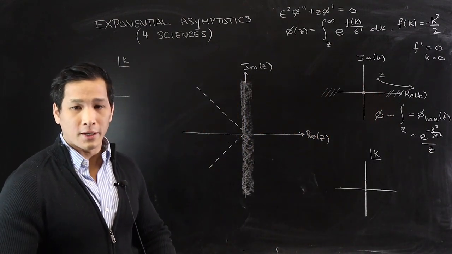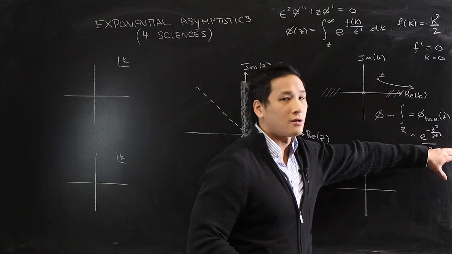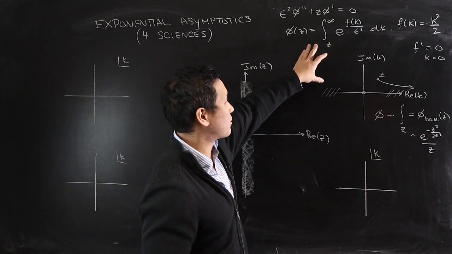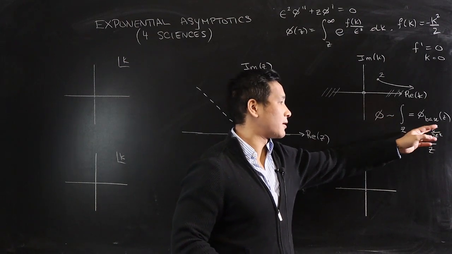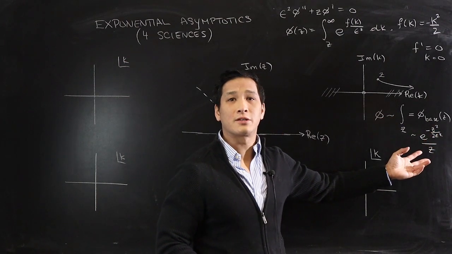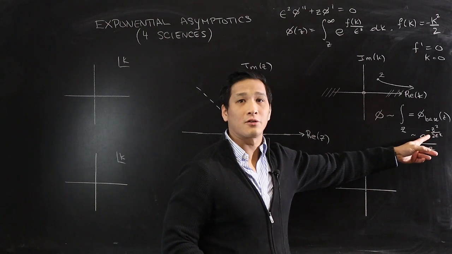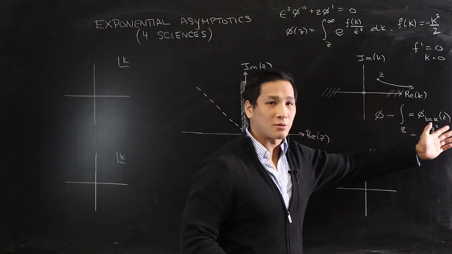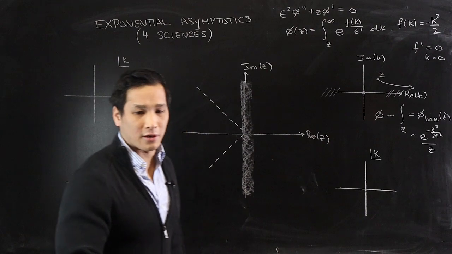Okay, so hopefully you can make that out: e to the minus z squared over 2 epsilon, over z, plus order epsilon corrections and so forth. One of the differences with this problem is that this base series is always multiplied by this exponential factor. So the base series itself is exponentially small for the conventional values of z on the real axis, so keep that in mind. The asymptotic expansion is always just this exponential times powers of epsilon.